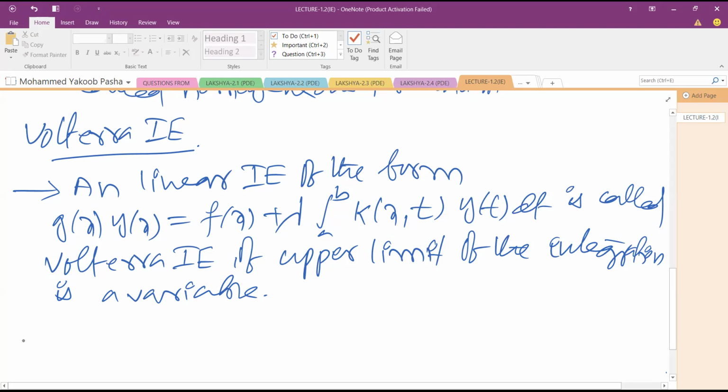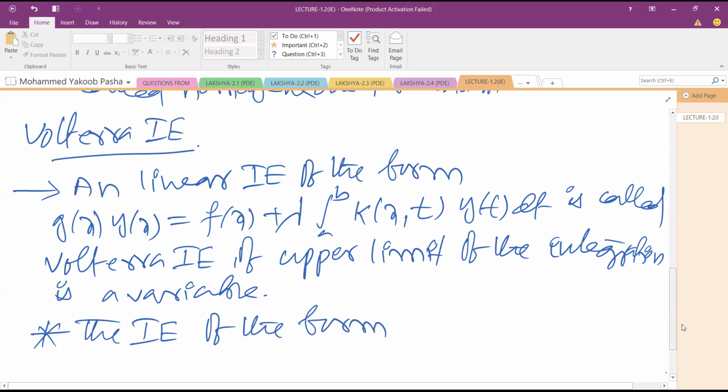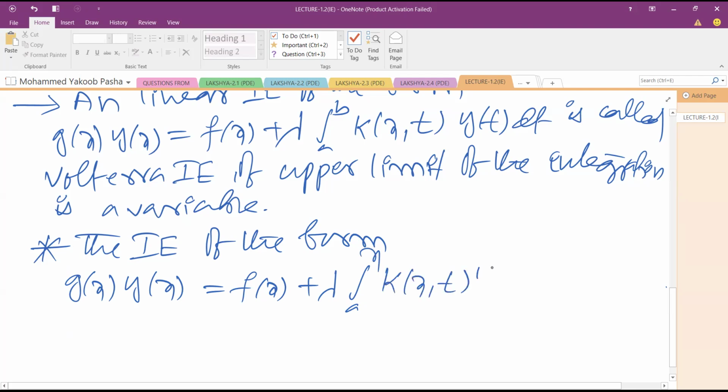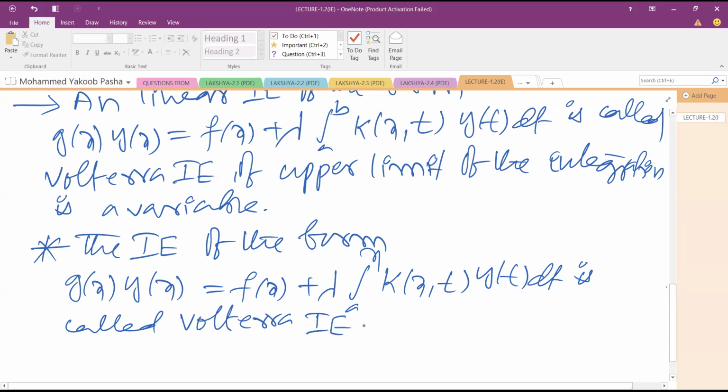That means the integral equation of the form, we are writing the general form of the Volterra integral equation: g(x) y(x) = f(x) + lambda integral, where the lower limit may be constant or variable but the upper limit must be a variable, of k(x, t) y(t) dt. This is called the Volterra integral equation.